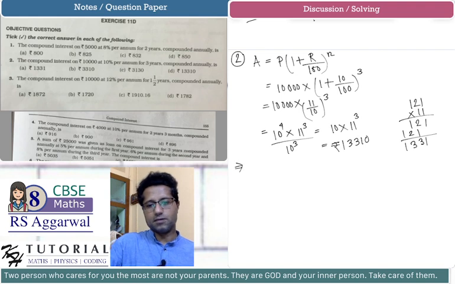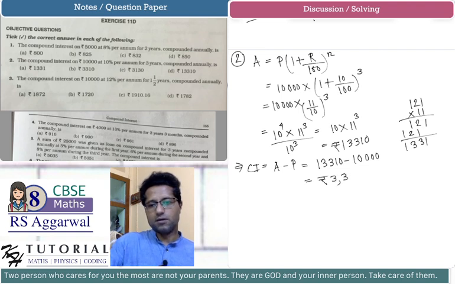So compound interest is equal to amount minus principal, which is 13,310 minus 10,000. This is equal to 3,310, the compound interest, and hence the correct choice is B. B is the correct choice.